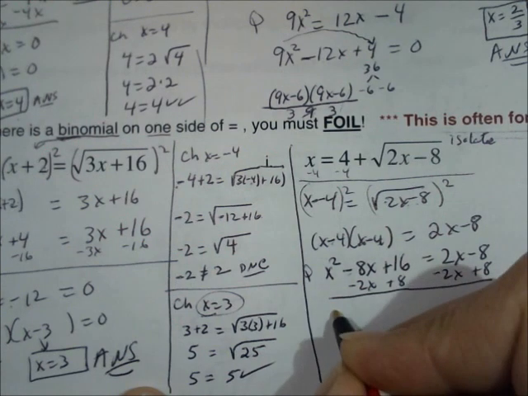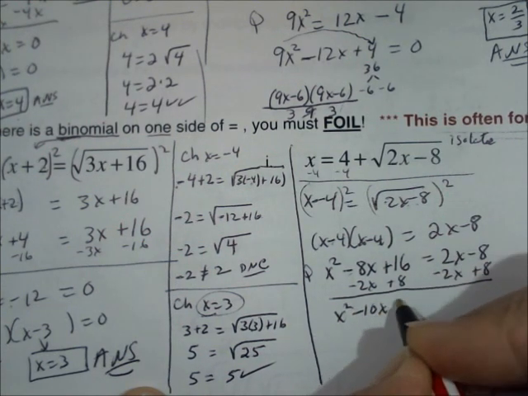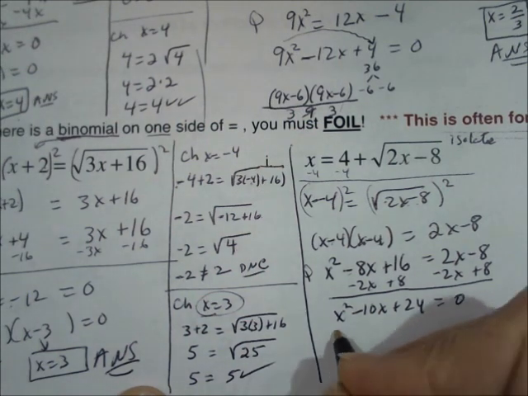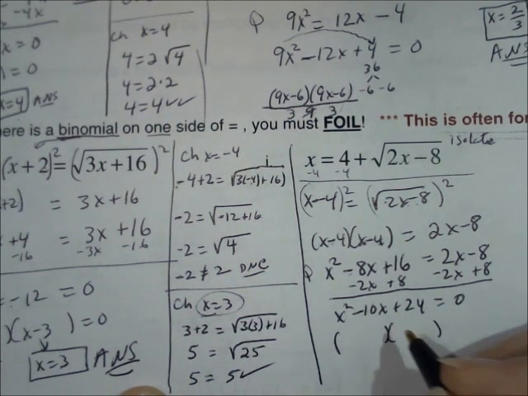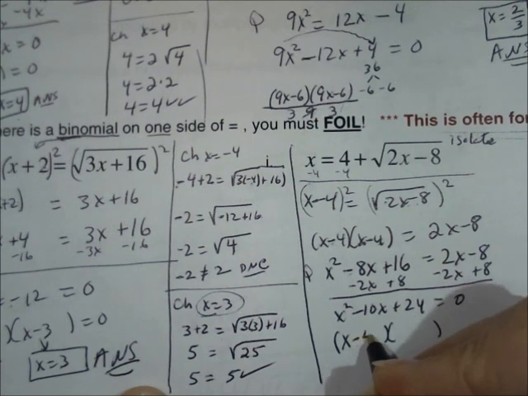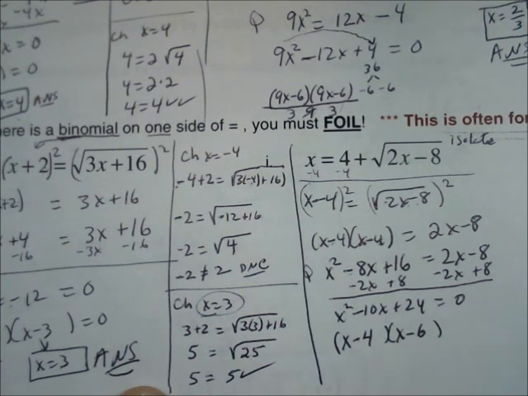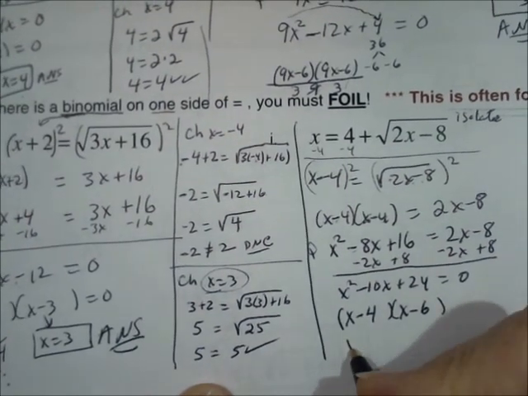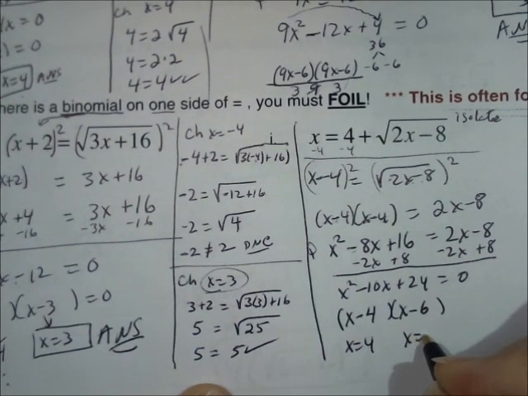And what you're left with is x squared minus 10x plus 24 equals 0. The factors of 24 that add up to negative 10 are negative 4 and negative 6. So it looks like we've got two answers coming out of here. It looks like we've got x equals 4 and x equals 6, but we don't know until we check.